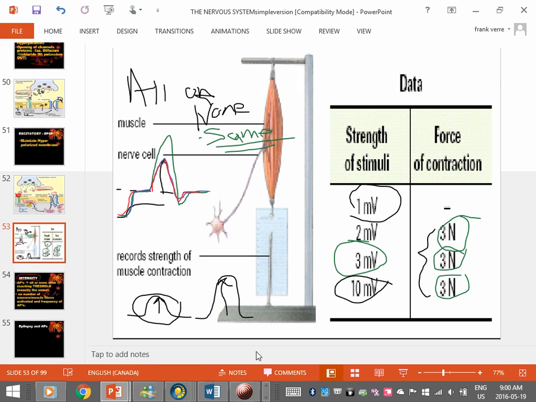So a very intense pain would generate more action potentials. And your brain would be registering more action potentials and therefore would say, okay, this means more pain. Lower action potentials would mean less pain.